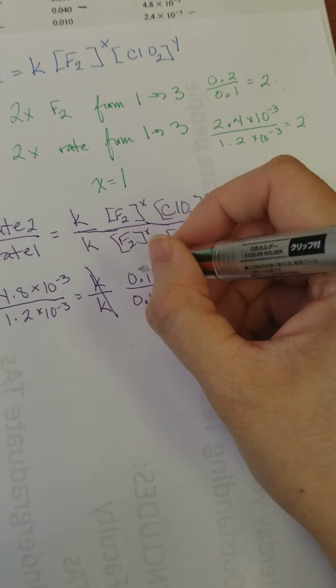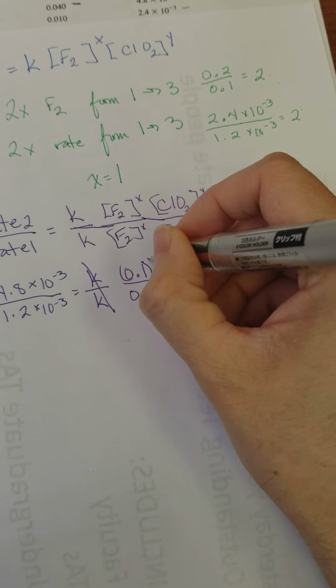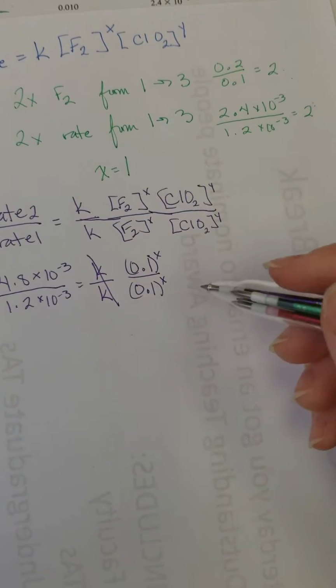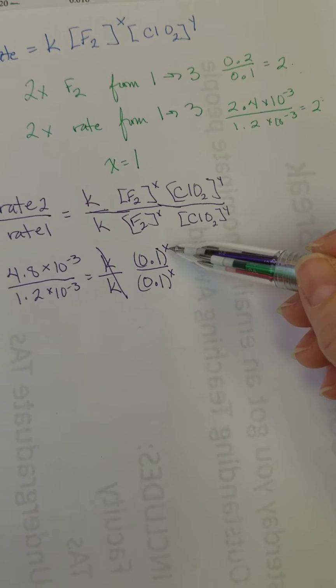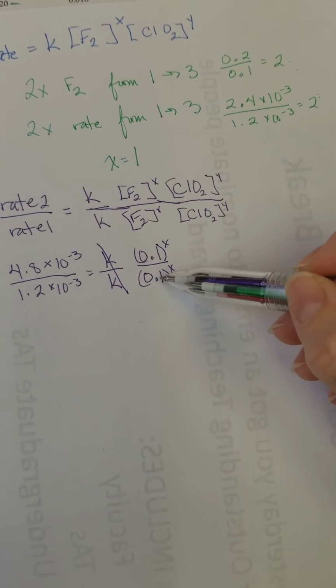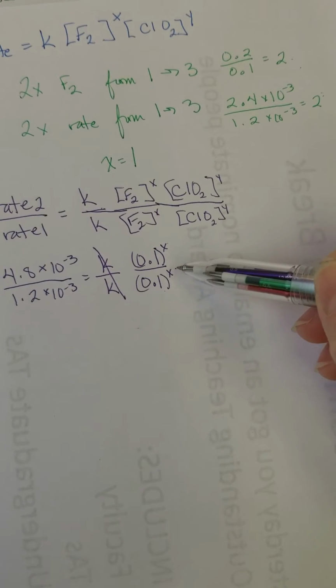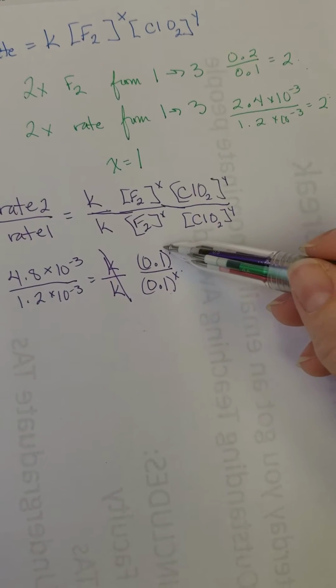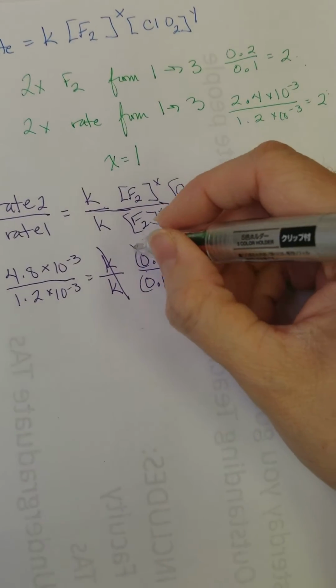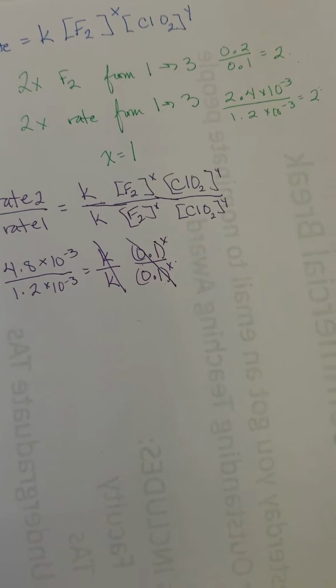Even if we had done this first and these were both raised to the x power, that power is the same. Even though we solved for it first and we know that this is in fact 0.1 raised to the 1 and 0.1 raised to the 1, even if we didn't know that, it would still be a number raised to the exact same exponent. So this would also cancel and give us 1.